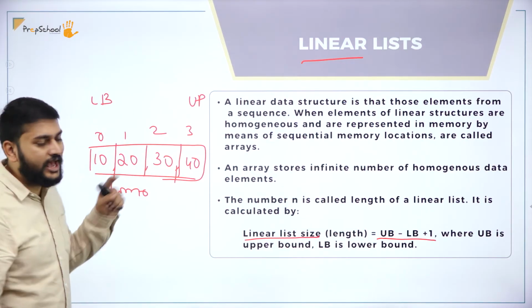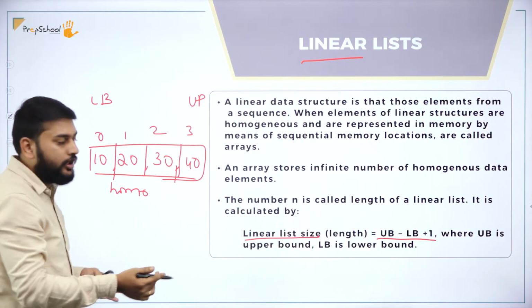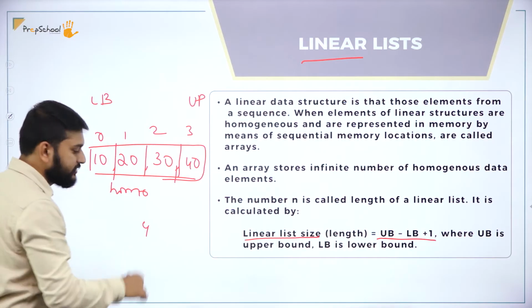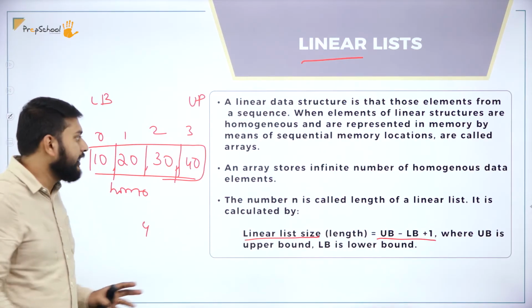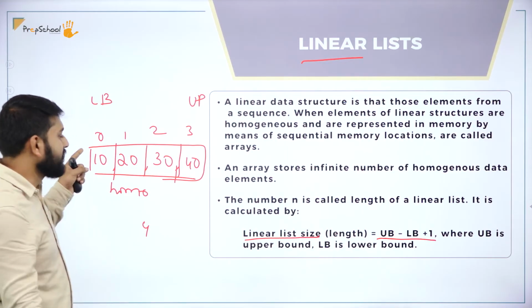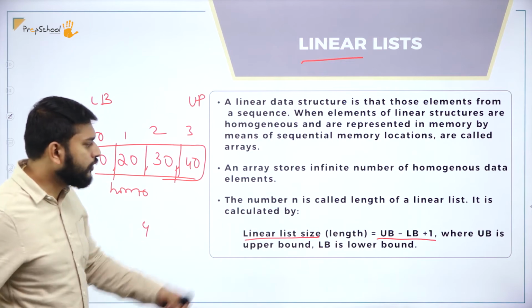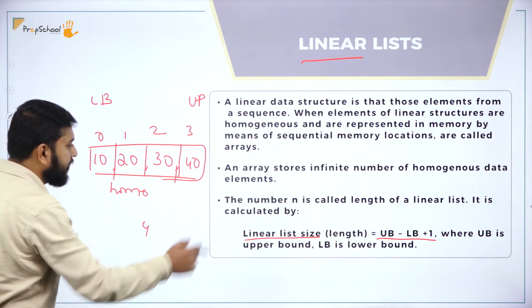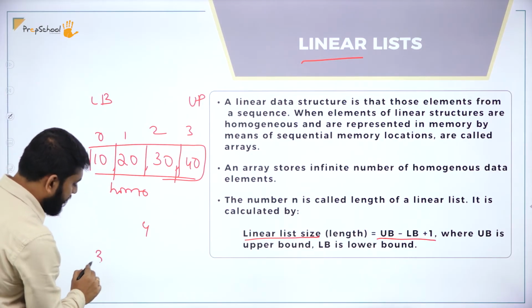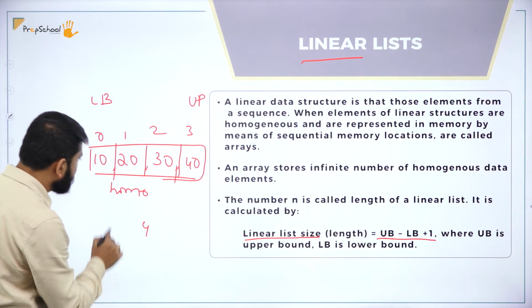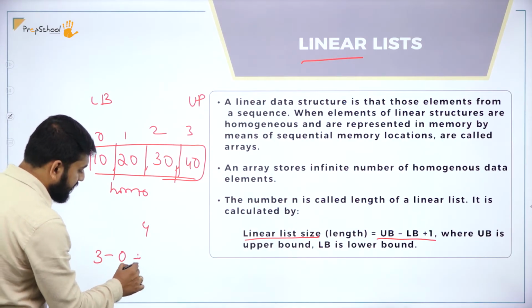So what is the size? Suppose I have 3 as the upper bound, so you can just tell 4. You don't have to calculate this; you can directly say 4, because I started with 0. That's what you have to understand. If you want to substitute into the formula, the upper bound is 3, minus the lower bound 0, plus 1.